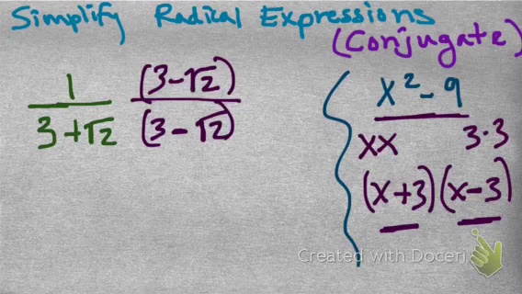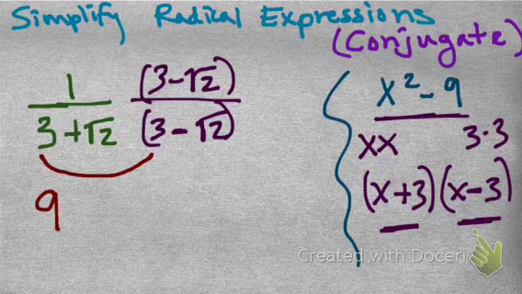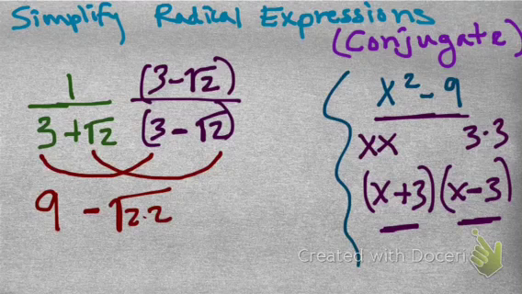So now when I multiply, I get 3 and 3 is 9, and square root of 2 times square root of 2, one of them's minus, so minus square root of 2 times 2, so we get 9 minus 2.